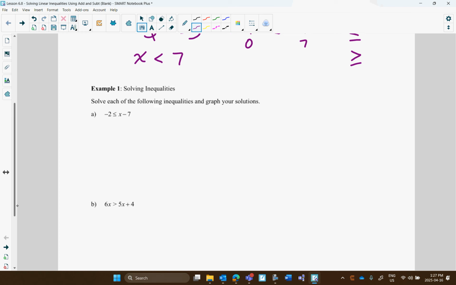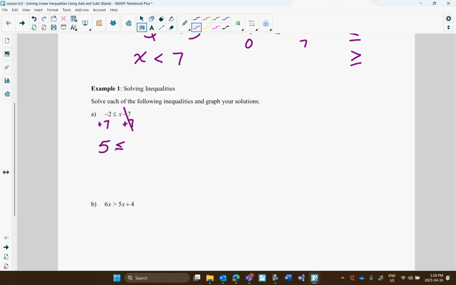Let's have a look at a couple more. This one's a little weird because it's got the x on the right side, but that's okay. Let's just leave the x. How do I get rid of this minus 7? Plus 7. Which means I got to add 7 here. So what's negative 2 plus 7? 5.